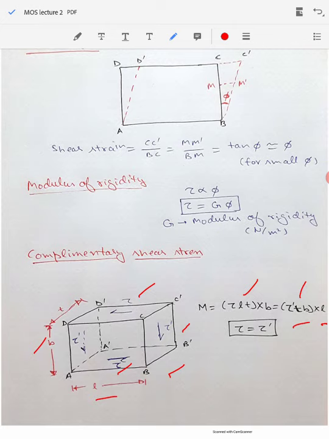So I have equated them here, and as LTB will get cancelled out, you will ultimately get tau equal to tau dash. So this shows that these stresses always occur in pairs, and whenever there is a stress acting on one particular plane, a plane 90 degrees to it will also have the same magnitude of stress, in case of a shear stress. So that is it from today's lecture.